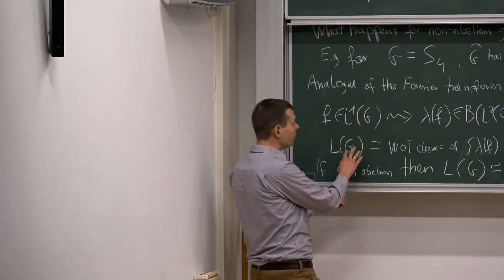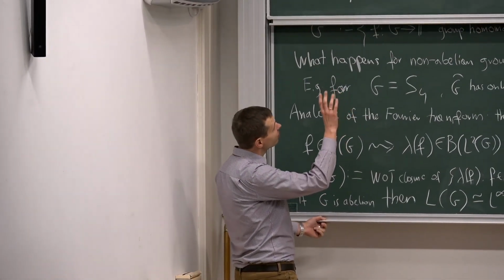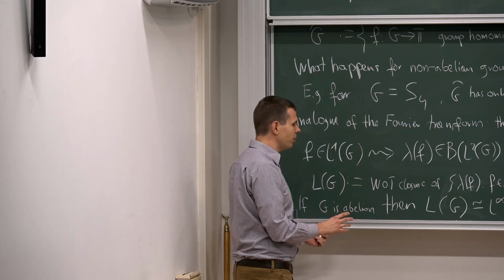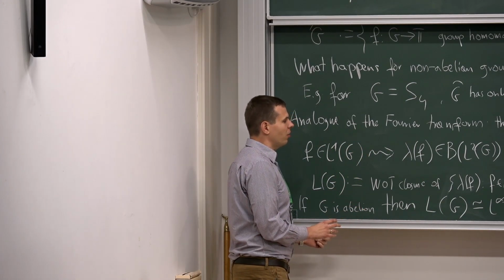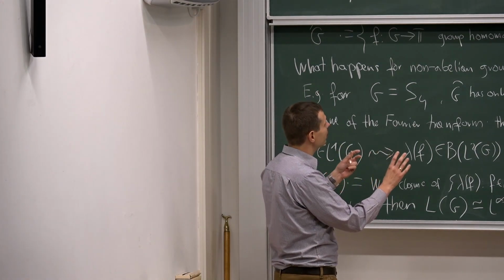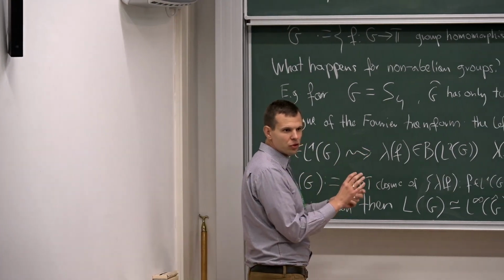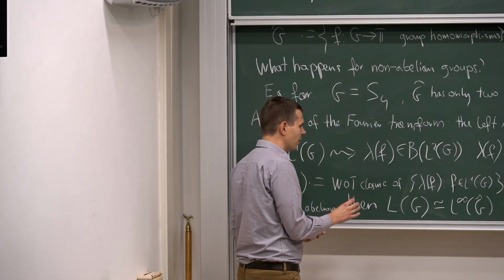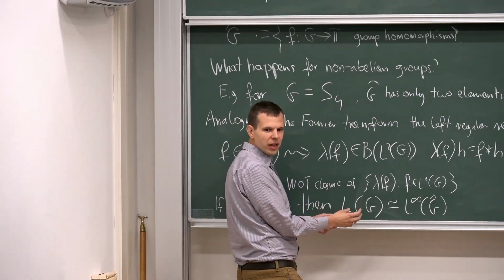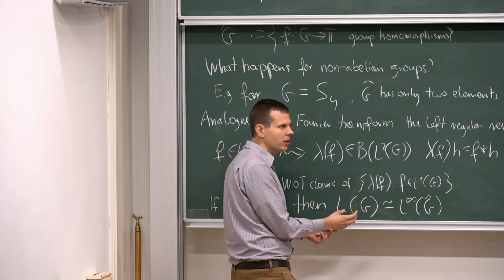Right, because these are convolution operators, and convolution operators via Fourier transform become multiplication operators, so functions really on the dual. That's the whole point. Okay, so now if you want to extend Pontryagin duality, to have some group-like object which is dual to the original G, then L of G will be a replacement of that in a way.